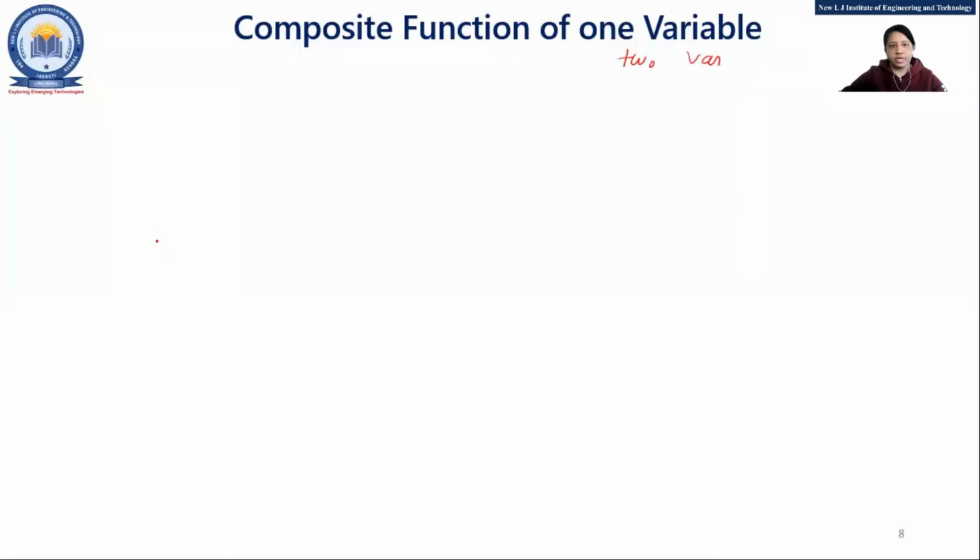That means at that time your z is f of x, y, where x itself is a function of two variables. In the previous case, what was it? x was a function of only one variable, that is t. Now x and y both are functions of two variables u and v.